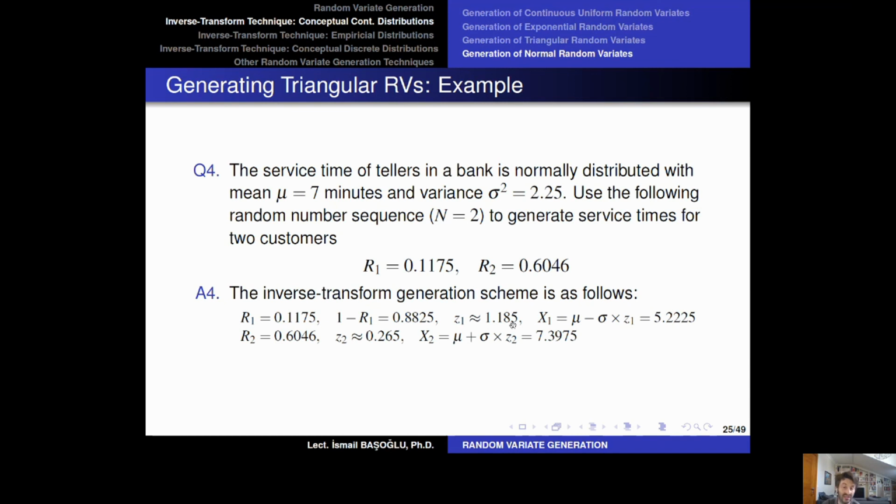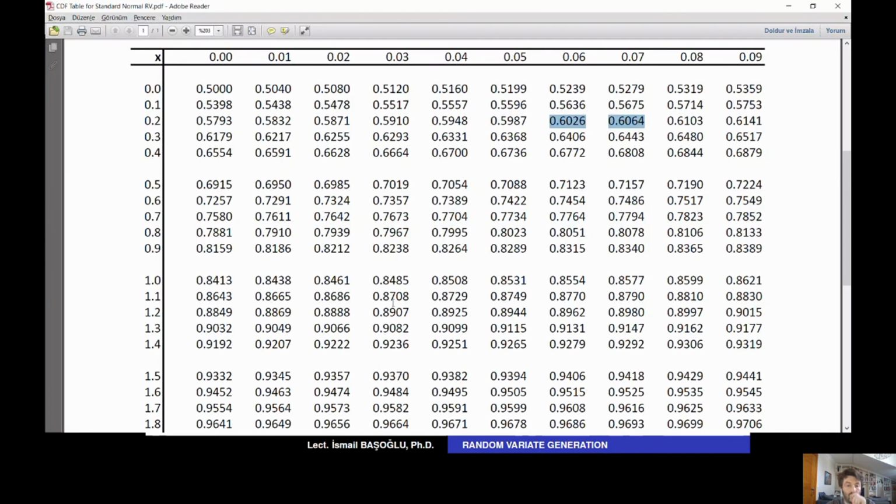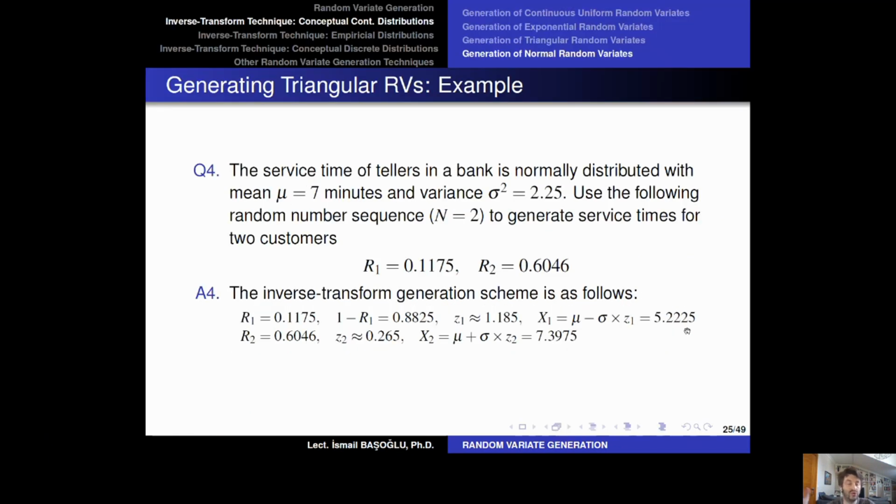So instead of the intermediate values, you need to apply a correct linear approximation between the two close values in the table. So remember, we have told that these two close values are somewhere between these two, and 0.8825 is much more closer to 0.8830 than 0.8810. So therefore, by the linear approximation, the Z quantile must be much more closer to 1.19. So I would choose 1.1875 in that case. And in that case, the resulting random variate would be much more accurate than the one that we have written here.